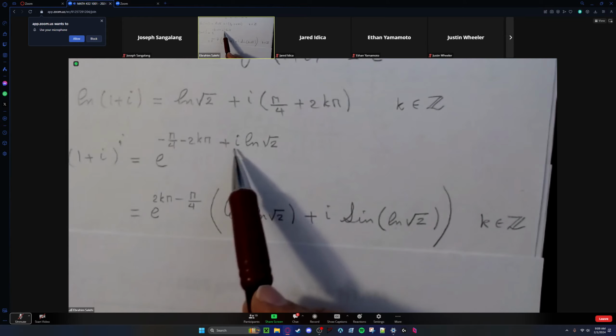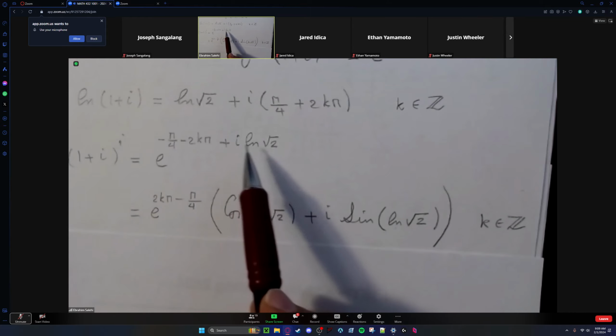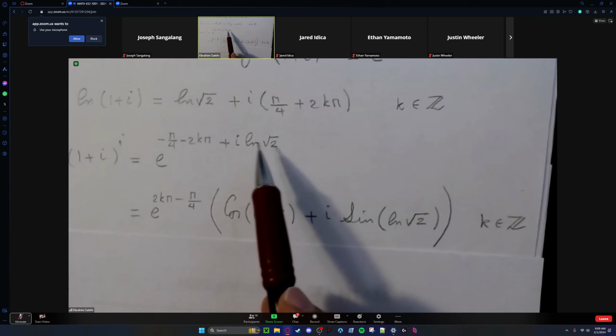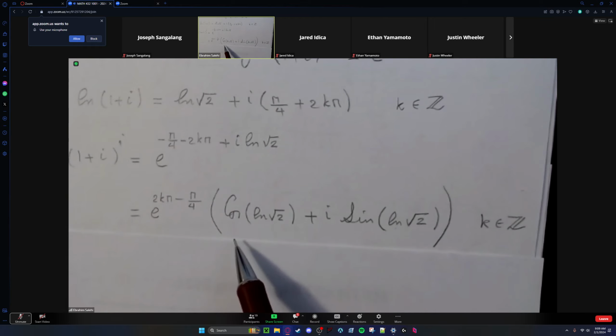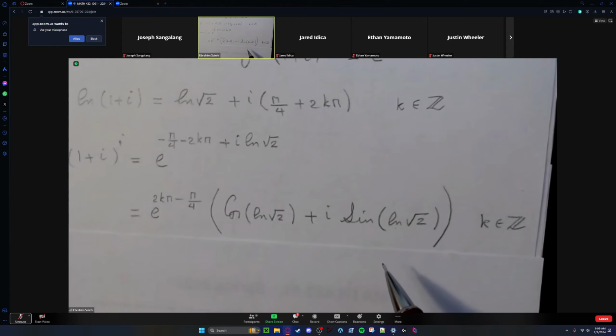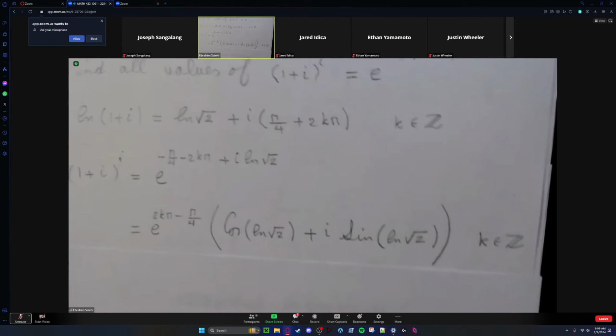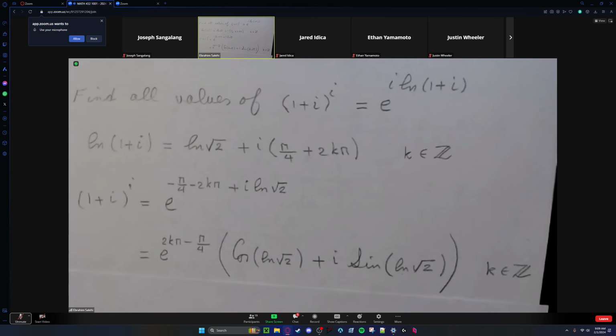But what about this? E to the I theta, using Euler's theorem, will be cosine of theta plus I sine of theta. Okay, so I sort of skipped a step here.